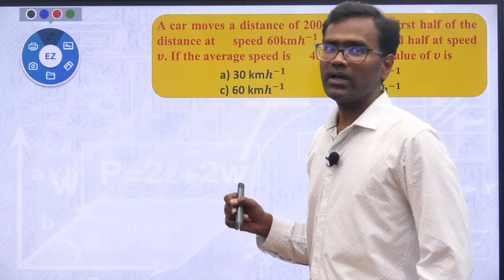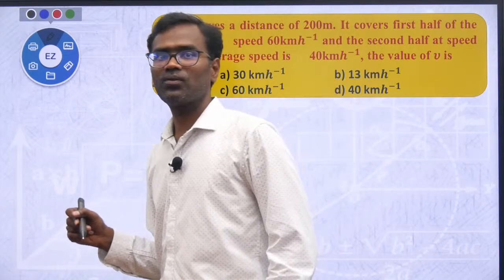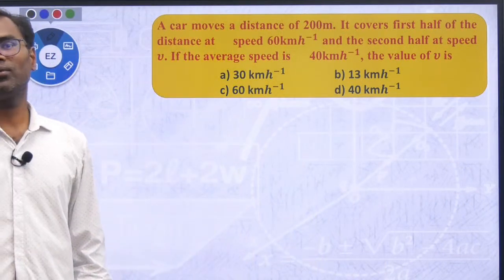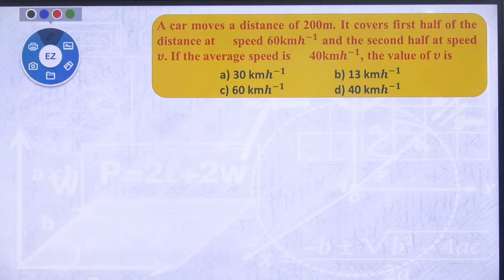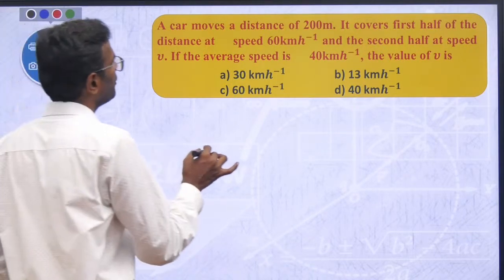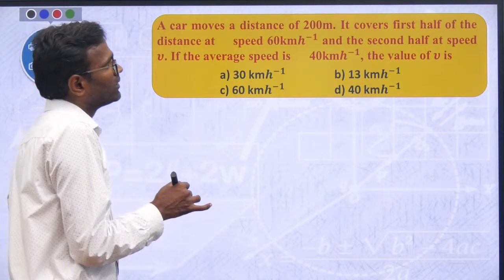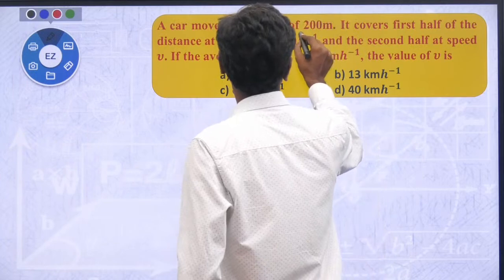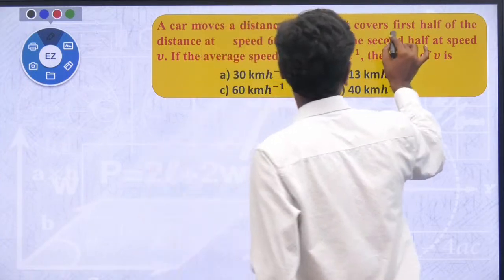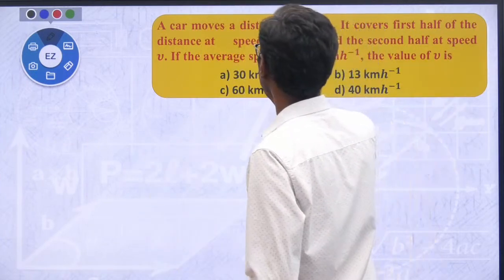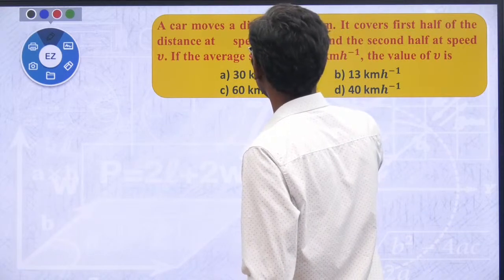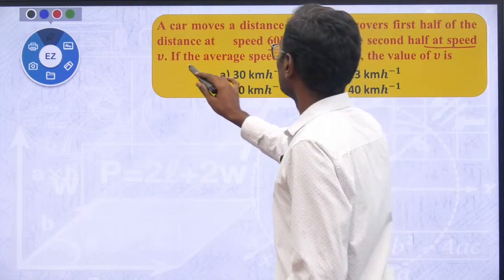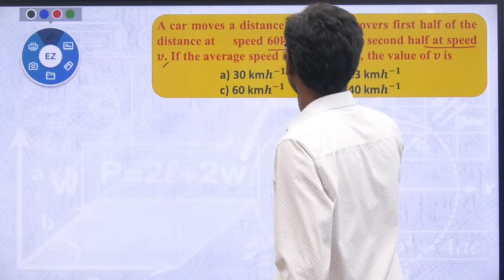If the average speed is 40 km per hour, then the value of v is? One car is moving along a straight line. The total distance is 200 meters. It covers the first half of the distance, which means 100 meters, at speed 60, the second half at speed v, and the average speed is 40.